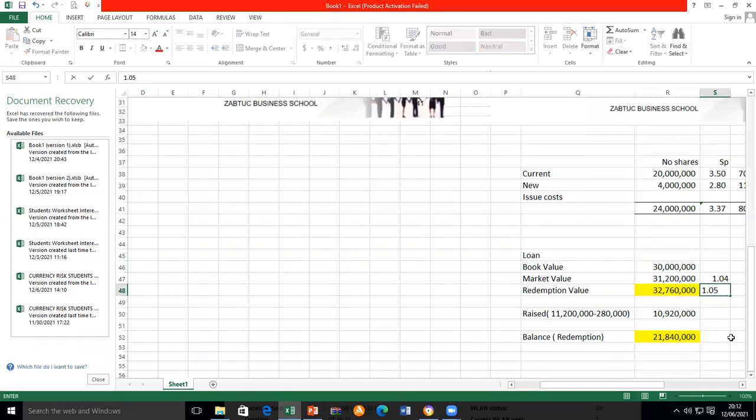That's what you did to move from there to there. So all I'm saying is that you divide again by this and that to find the book value. So you take your figure, 21,840, divided by 1.05, divided by 1.04.